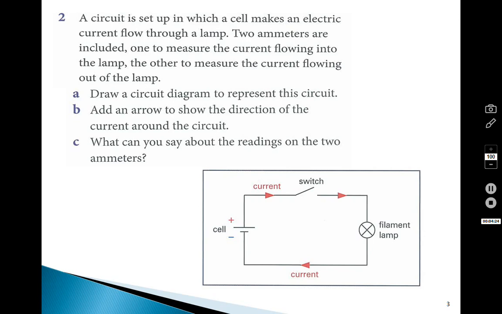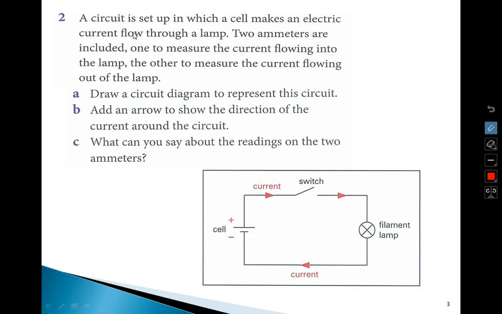So a cell or power supply is used to push the current to start moving through the circuit. It gives the current the ability to start moving.